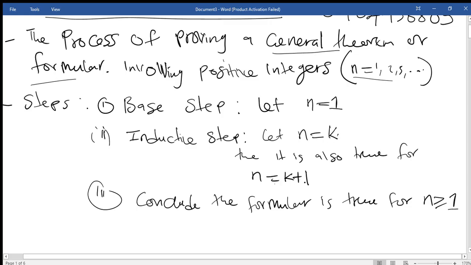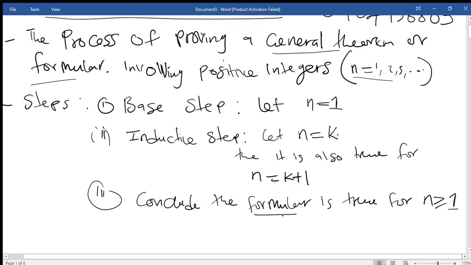So for all positive values of n, that mathematical formula or theorem is true. This is what we said in our first video of mathematical induction.